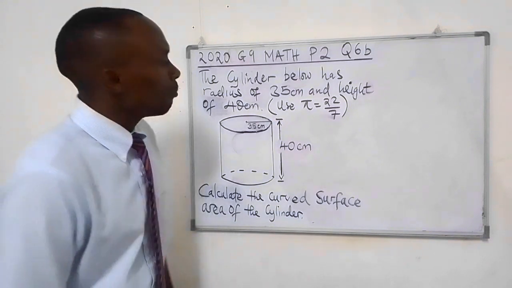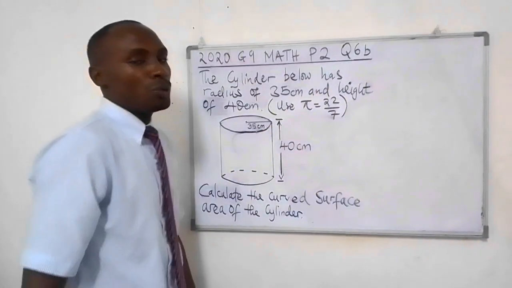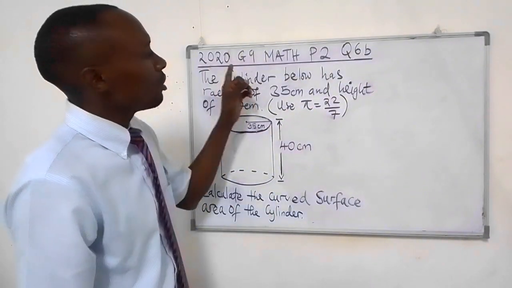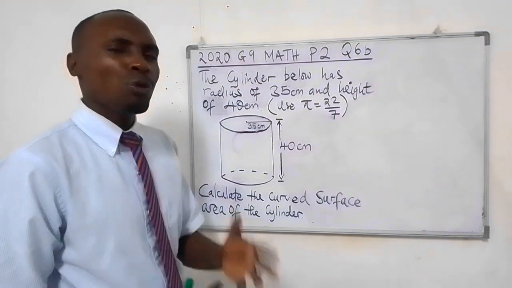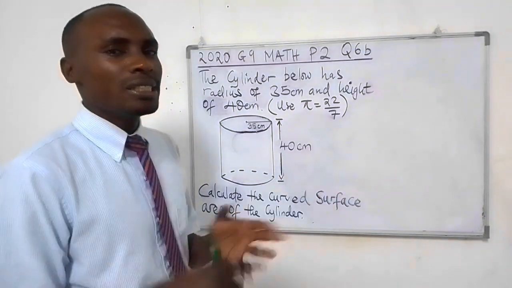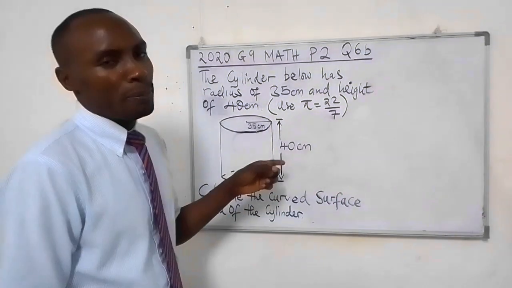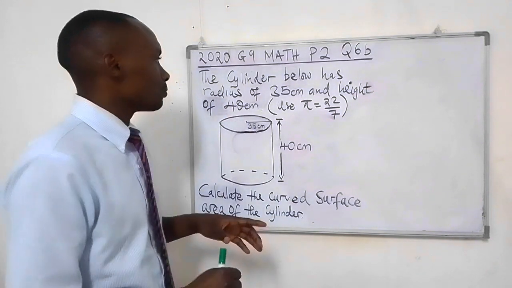In this video, I'm going to show the solution to question 6b, which is coming from a 2020 grade 9 mathematics paper 2. If you followed my videos, I've worked out question 1 up to question 6a from the same paper, so we're going to go to question 6b in this video.